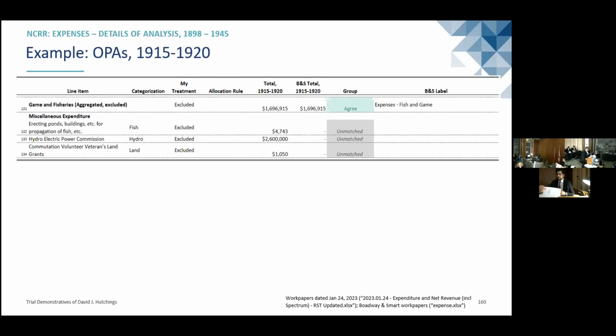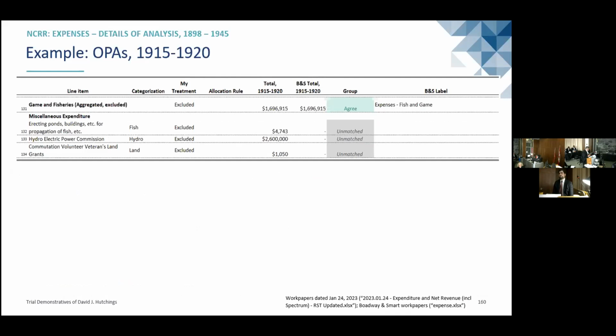Okay, so over the line 131, we have a series of expenses on game and fisheries. On slide 160? Yes, sorry, slide 160, line 131. We agree that 1.7 million should be excluded.